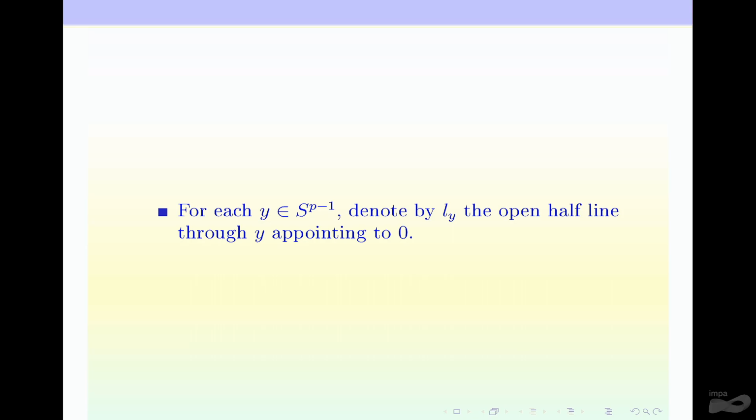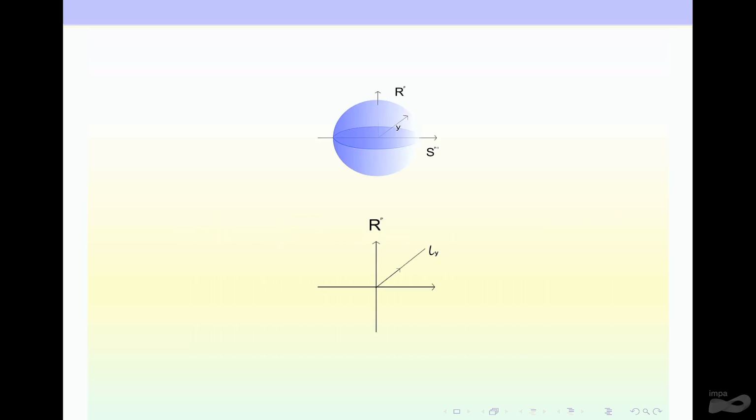So I have some picture here just to make it more geometric. So let's think that this is y. And if you take any nonzero y, you just scale that, and you get such a picture here. And that is L_y. Okay. This is the half line.